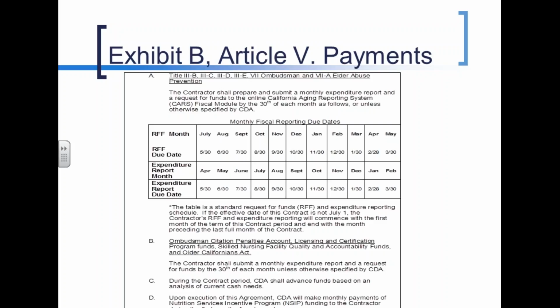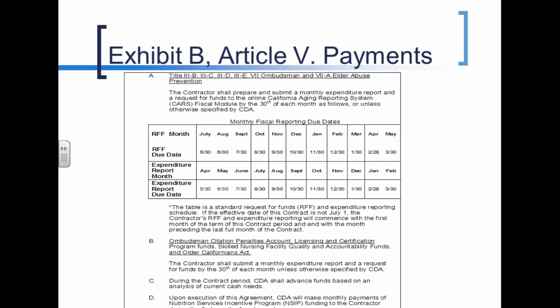So when you're looking at that, we're looking at the July request for funds in your new contract, 16-17. That April expenditure report is your current contract, 15-16. Now we do allow this delay in reporting your expenditures, but the expectation from CDA is that you're going to be timely.